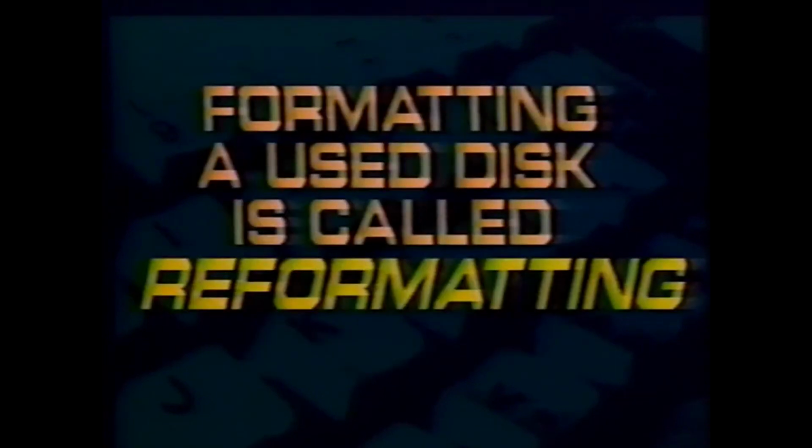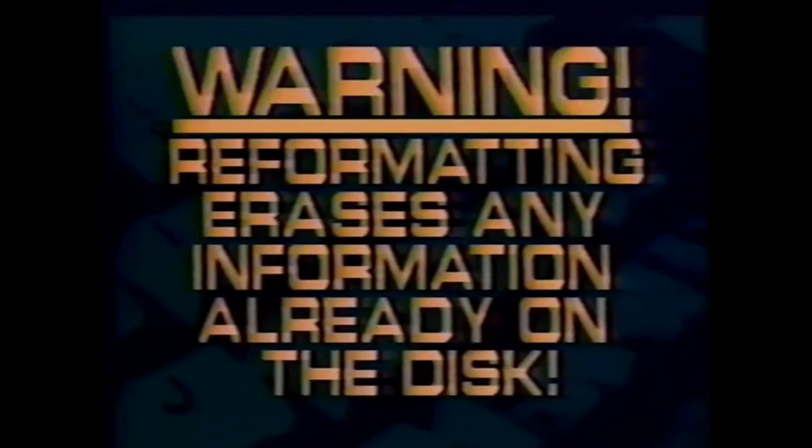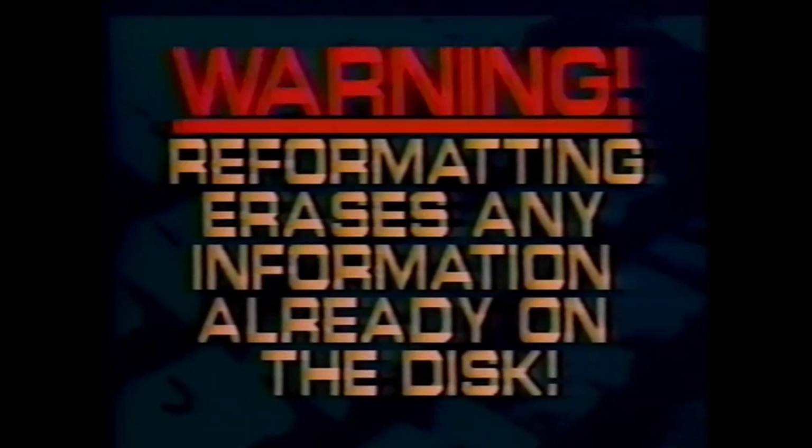This is kind of like an unmarked parking lot. Until the lines are painted on it, cars don't know where to park. These tracks and sectors tell data where to park. You need to format a diskette when it is new. However, you can format it again at any time. This is called reformatting. But be warned, reformatting erases any information already on the diskette.